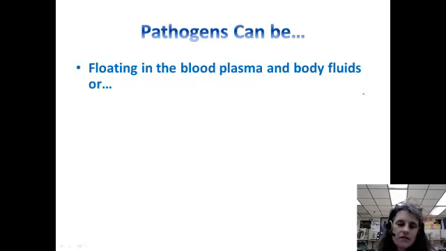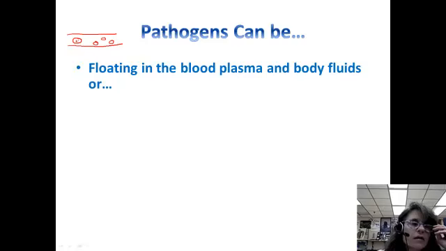Pathogens can be floating in the blood plasma. So let's say here is a blood vessel, and you've got blood cells, okay? Well, you can have a nasty little pathogen floating all out free in the blood plasma.